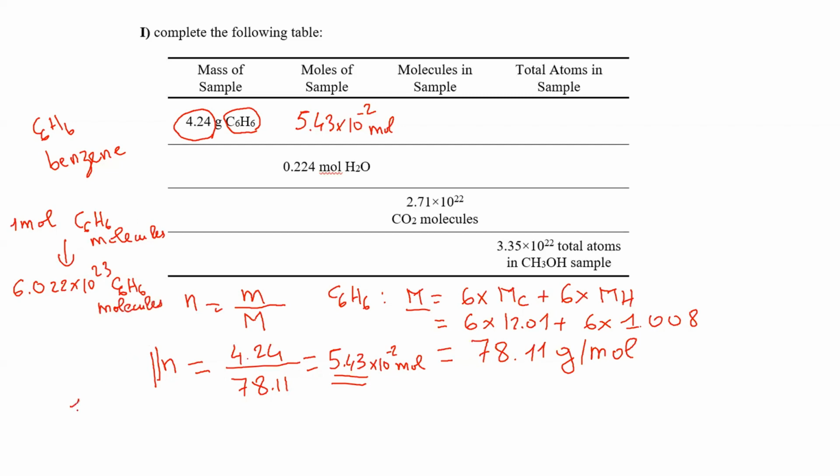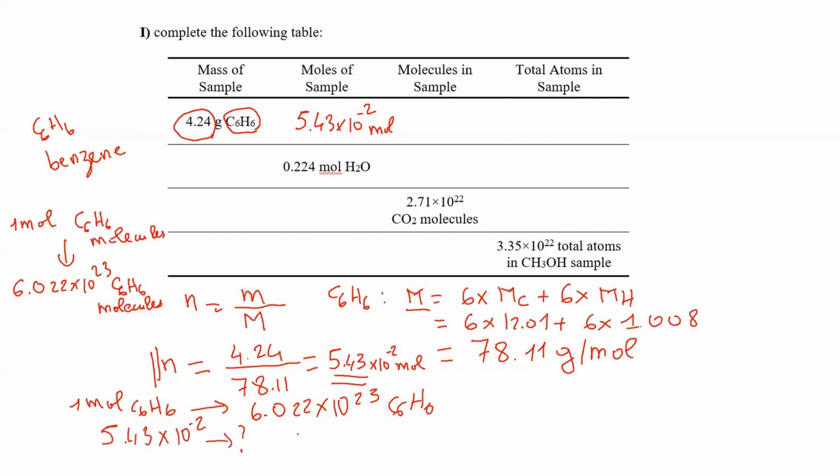So for 1 mole of C6H6, we have 6.022 10 to the power 23 C6H6 molecules. Here the number of mole we have is 5.43 10 to the power minus 2.